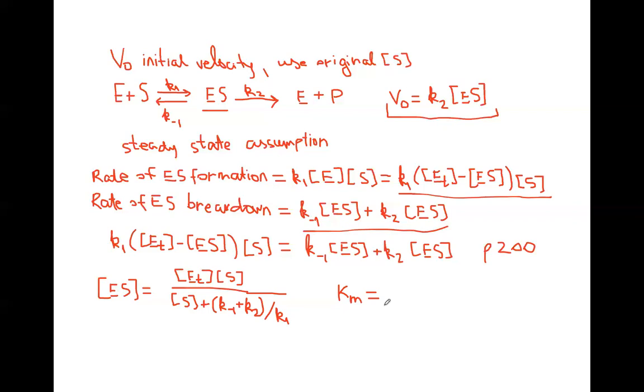Michaelis constant equals K-1 plus K2 over K1.